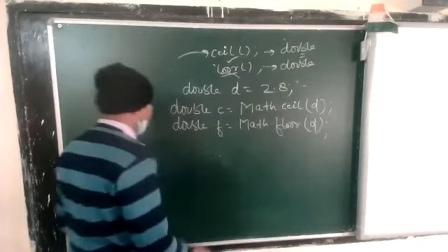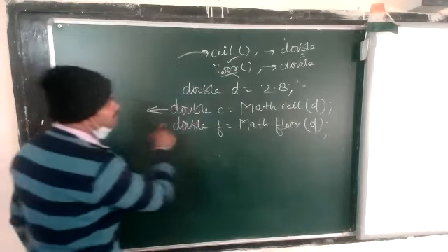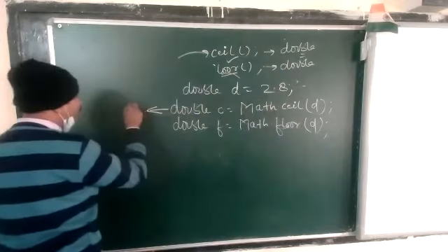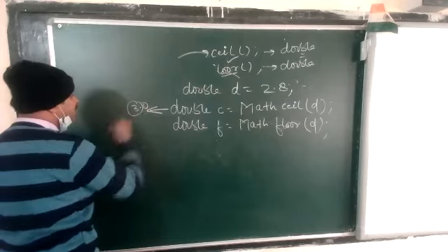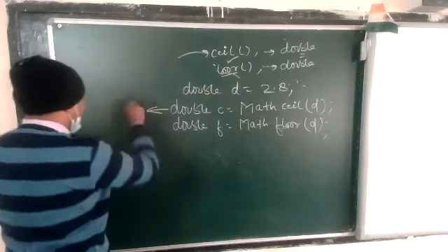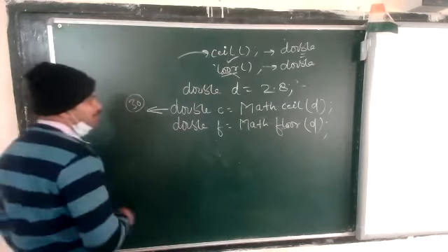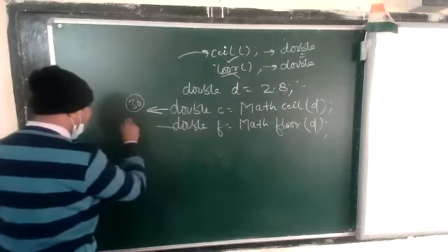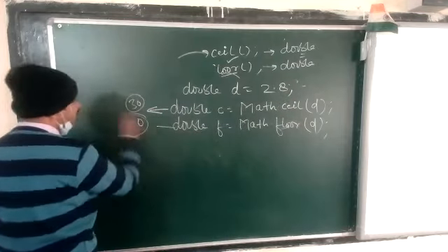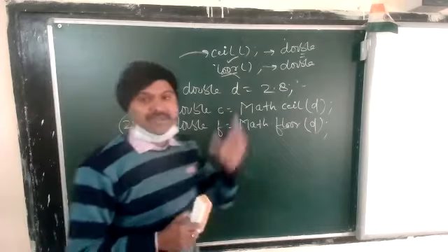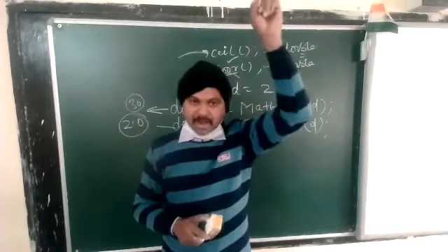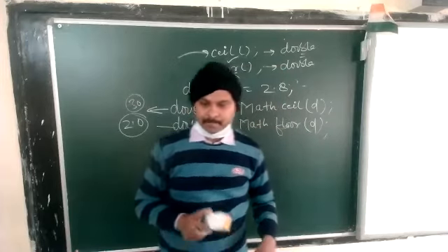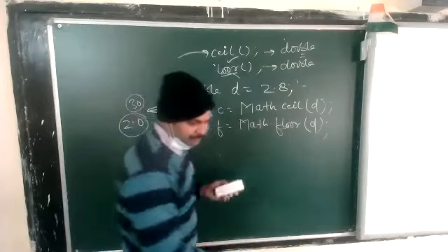Now you see the answer here. Ceil means it will go up, so 2.8 will become 3.0, and floor means 2.8 will become 2.0. Just keep in mind, ceil means it will go up and floor means it will go down. So this is how it will work.